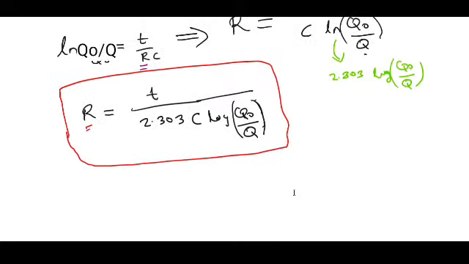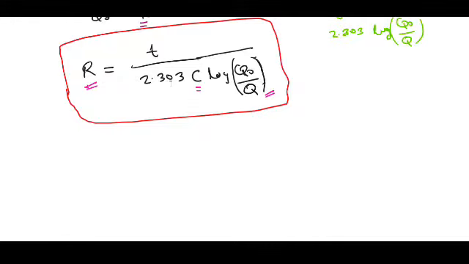Here we will calculate this Q0 by Q, and the time, from the experiment, and then R can be calculated, because the value of C that we will use in the experiment is already a known value.